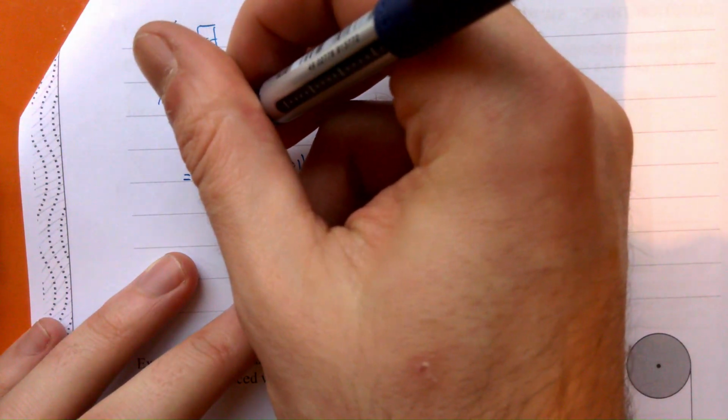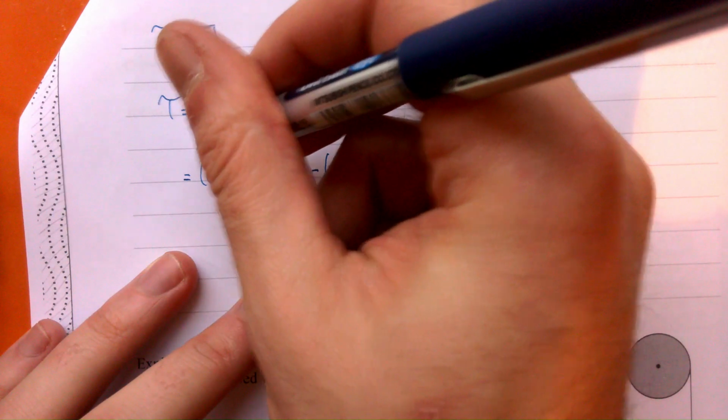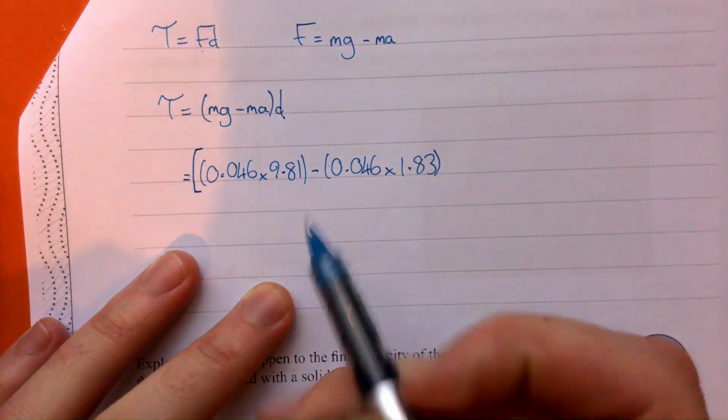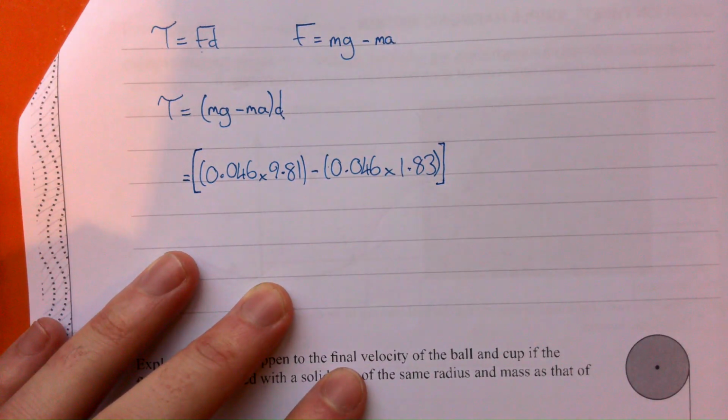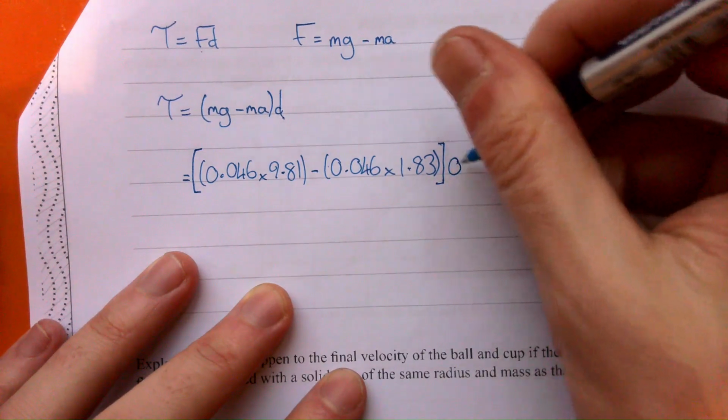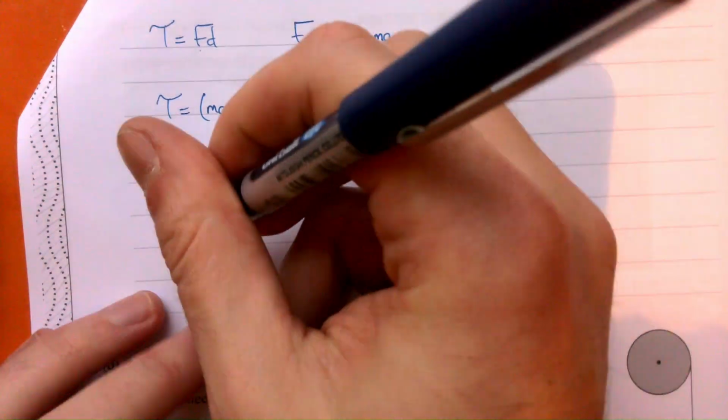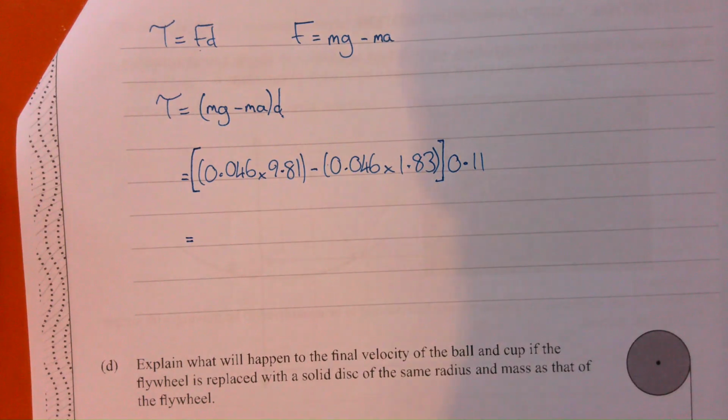And a little trick, if you're finding that you've got lots of brackets together, I use square brackets for the entire equation like that. Multiplying it by d, 0.11, and then we can start typing that into a calculator. Again, being careful of where you're setting your brackets out to make sure that everything that should be multiplied is multiplied and those that shouldn't aren't.